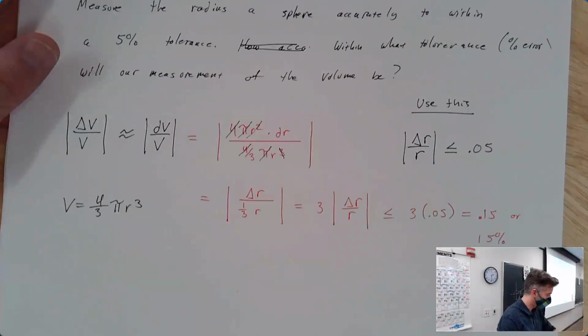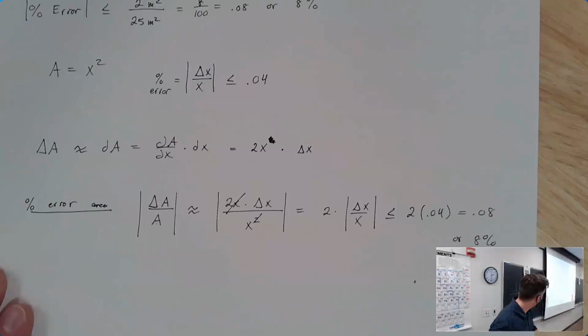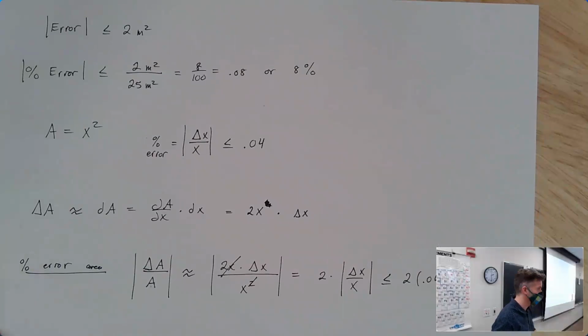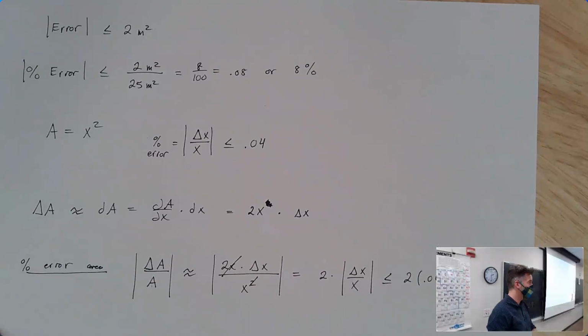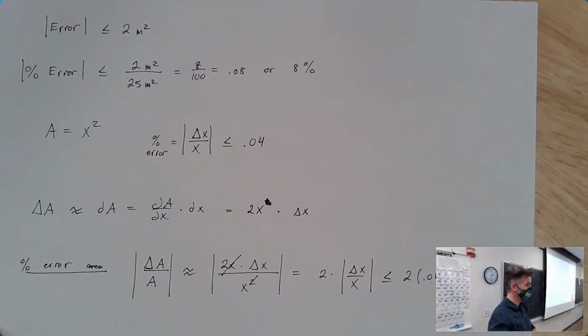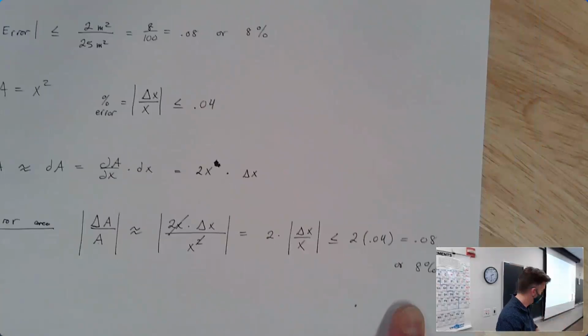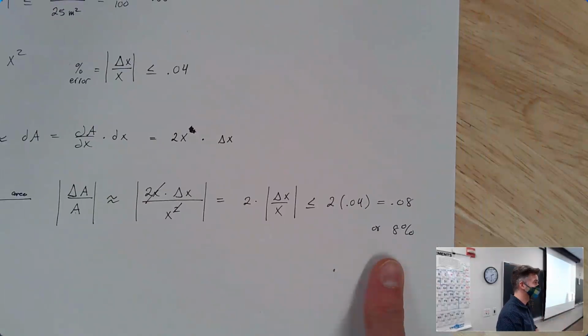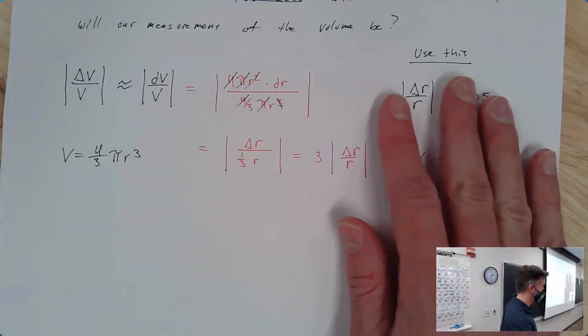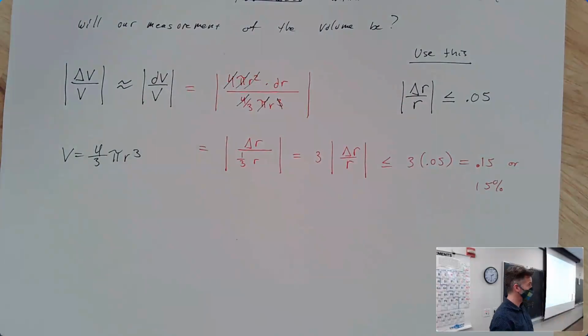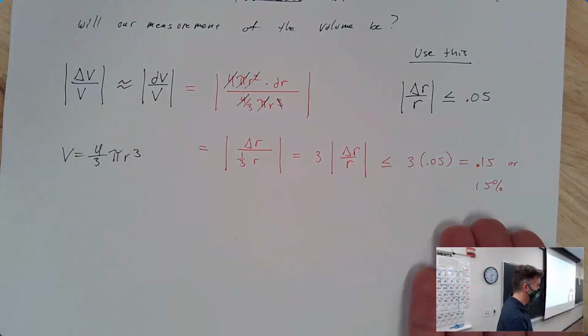In the previous problem, we measured the edge length with 4% error, and the area, which has twice as much dimension, had twice as much error. Sorry, I can't see what I'm pointing to. That's not a coincidence. Same thing is happening here. The radius having dimension 1 and the volume having dimension 3, the error is 3 times as much.